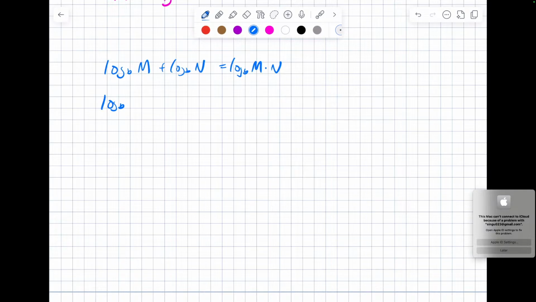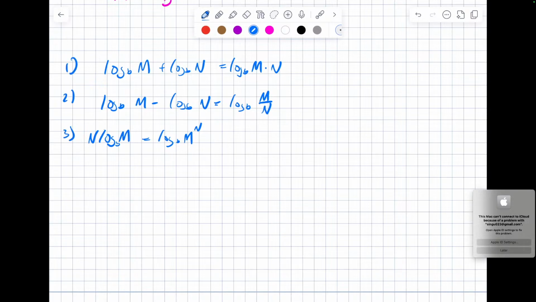Okay, log base b of m minus log base b of n equals log base b of m over n. And there is a log base b of m to the n equals n times log base b of m. So there were three properties, 1, 2, 3. Those are three major properties.